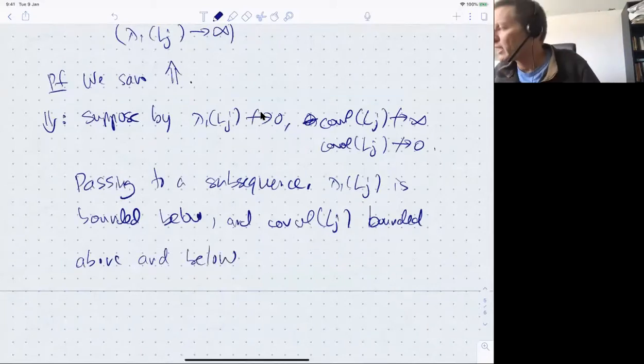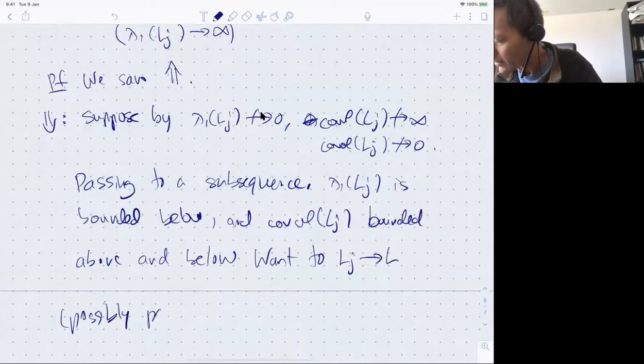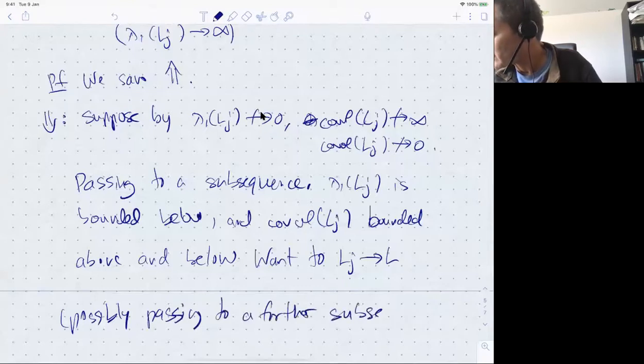And we want to show that Lj goes to L, possibly passing to a further subsequence. And this will give us our contradiction.